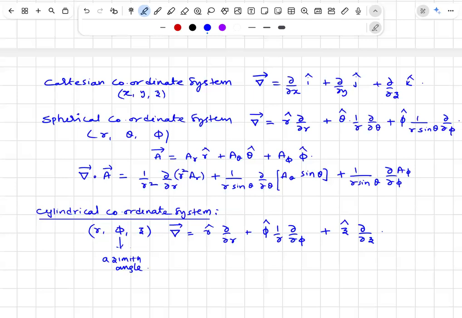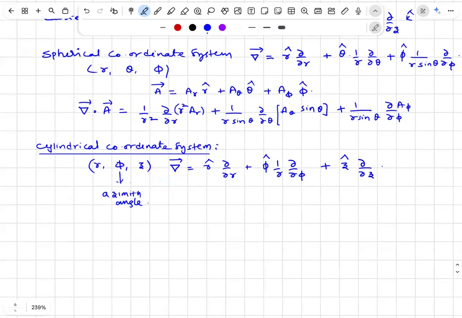Right. Now I am taking the same thing. A bar is some vector defined as A r r cap plus A phi phi cap plus A z z cap.